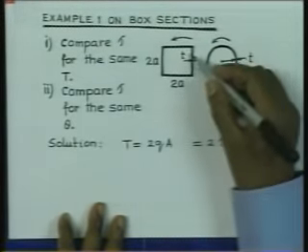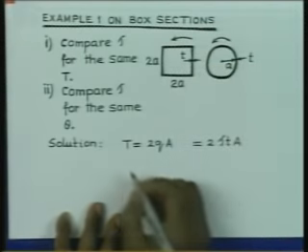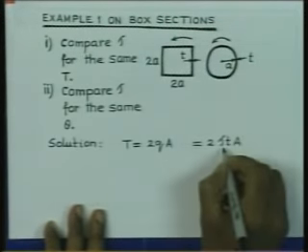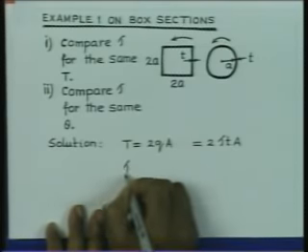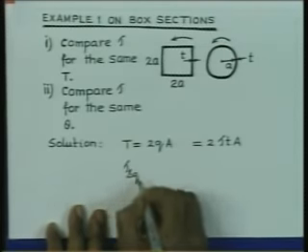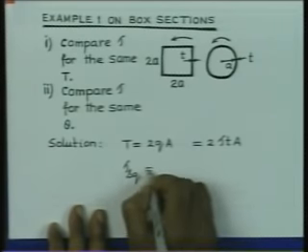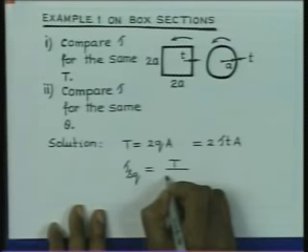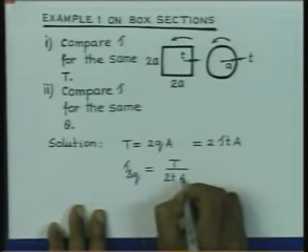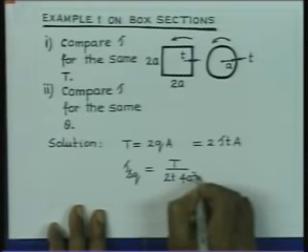Here in this case it is going to be 4A square, and the stress tau for the square is T by 2 into T into the area 4A square.